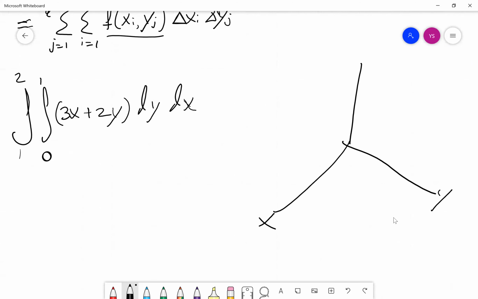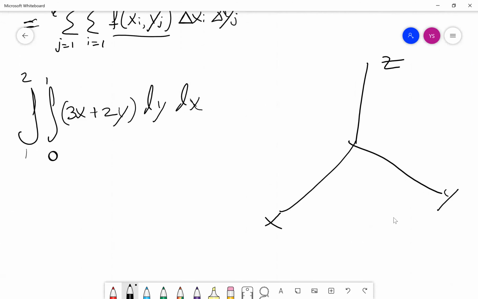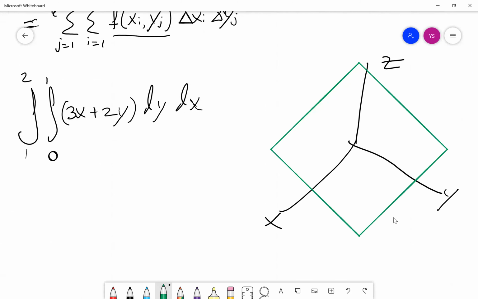Here's your x, y, and z coordinate system. You have some plane. So here's our plane. This is the plane f of x, y equal to 3x plus 2y. Now our domain is, let's say, something like this.